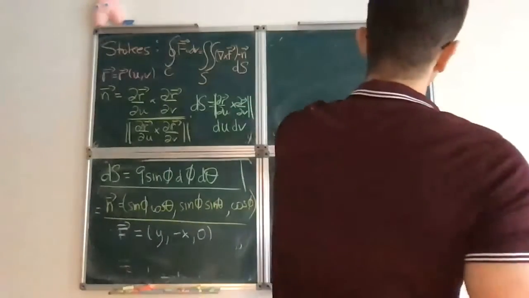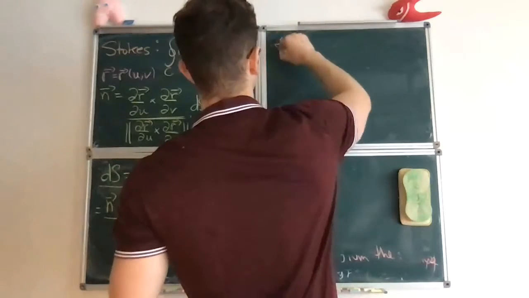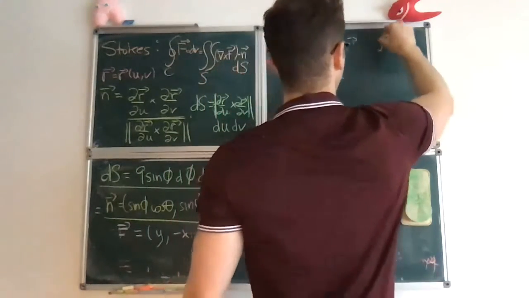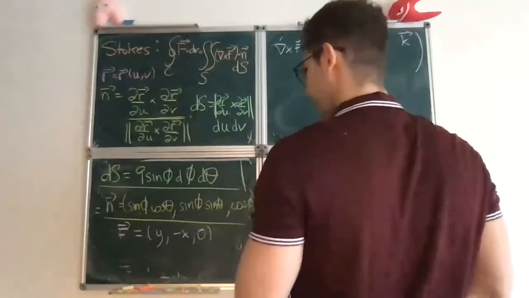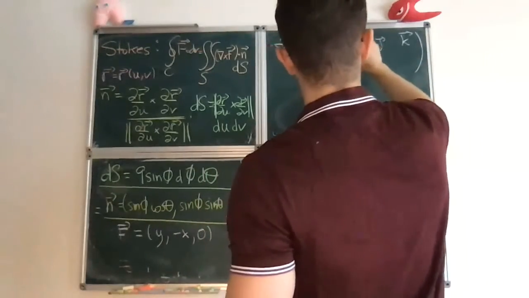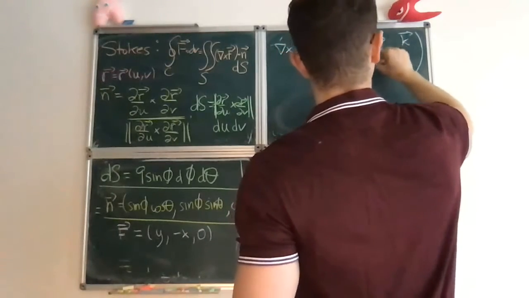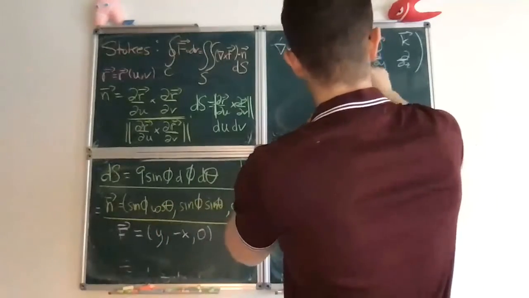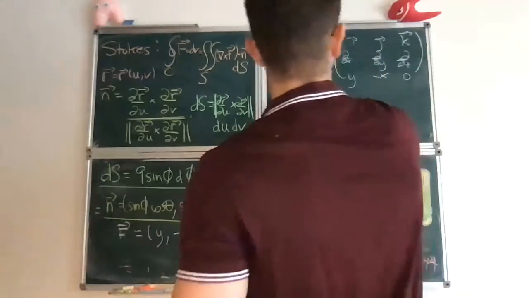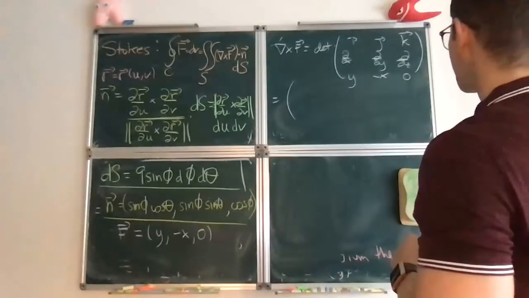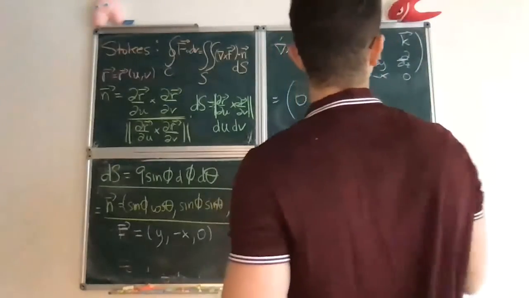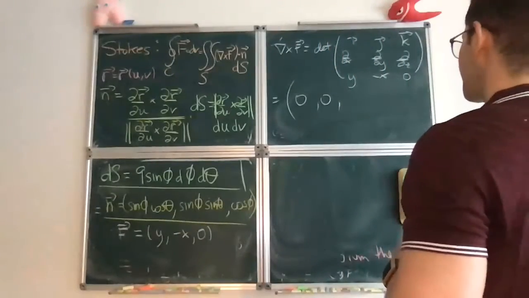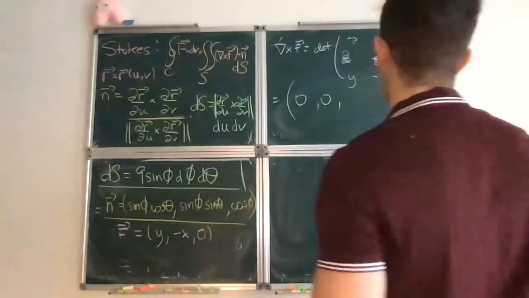So F was a vector field, the curl of F is this. So this gives you 0, 0. Oh good, yeah, it's not too bad. And then negative 2.